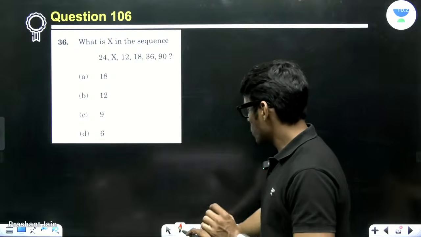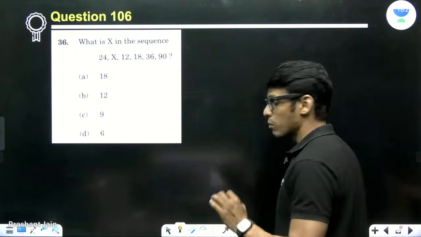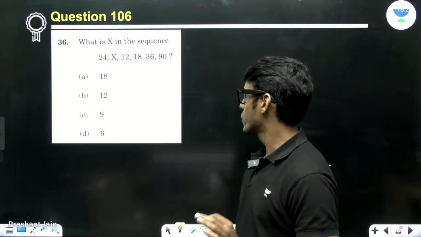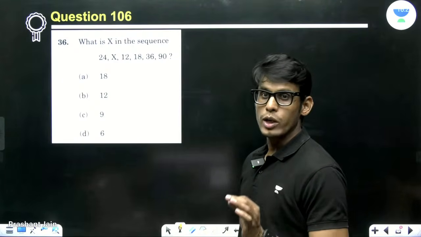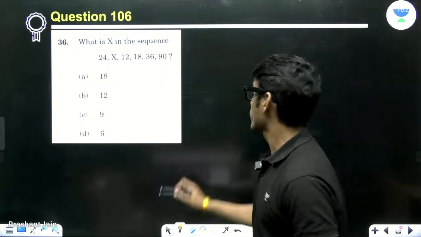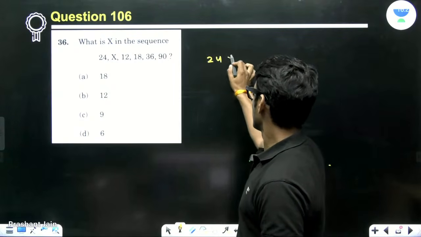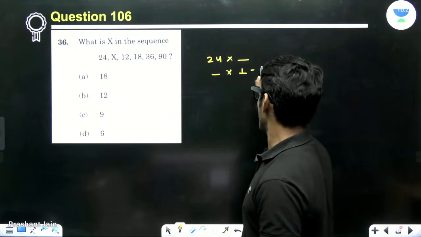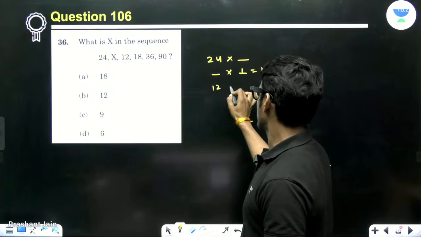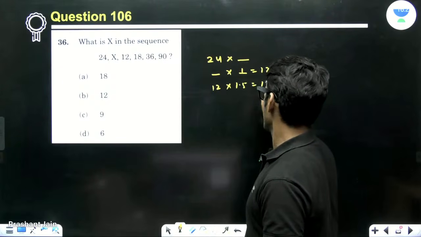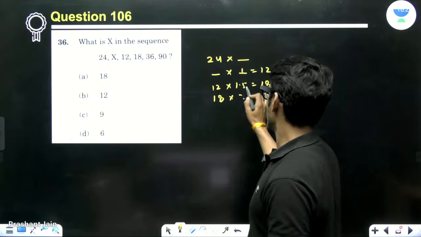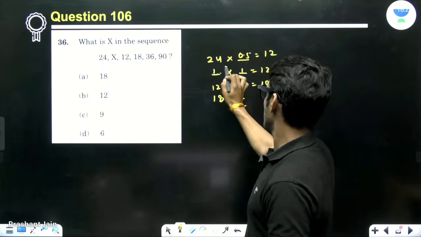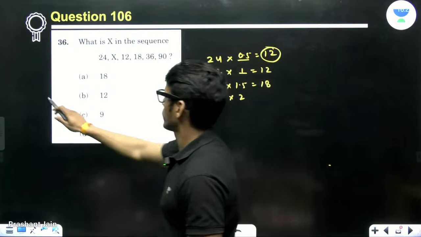Now, again, you will find the exact same logic which we discussed in the 2022 paper. 12 times 1 is 12. 12 times 1.5 is 18. 18 times 2. So this has to be 0.5. This will become 12. So the answer is 12.